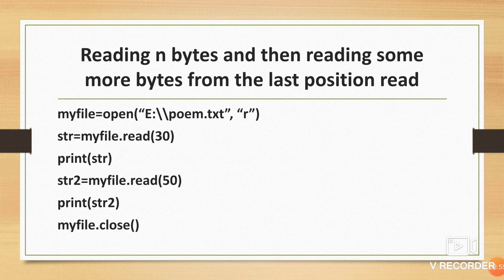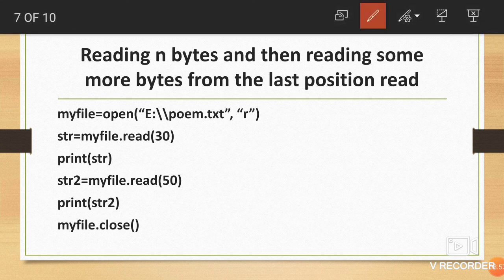Now when you execute this program, the first myfile.read(30) will read the first 30 bytes and print them. After that, when you call myfile.read(50), it will read the next 50 bytes.